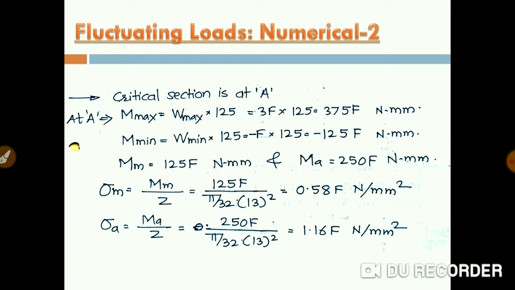So M max and M min are both calculated. M mean is M max plus M min by 2, that is 125F, and M amplitude, that is M max minus M min by 2, comes out to be 250F. After finding the moments, sigma m is M by Z and sigma a is M a by Z. Both are calculated.